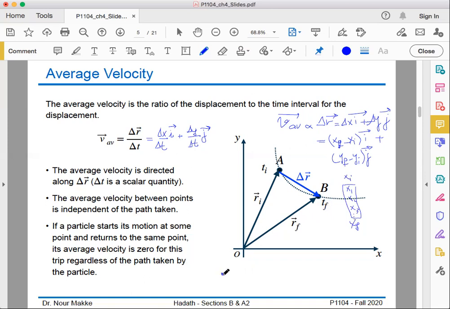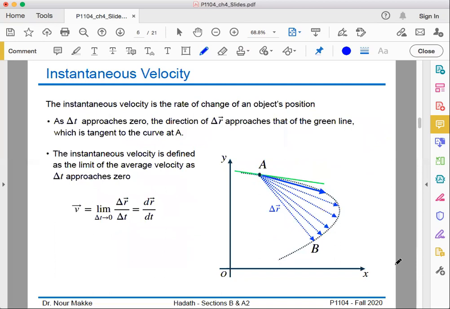So again, if a particle starts moving at point A, and then it just follows some arbitrary path going from A, and then it gets back to A, in this case, delta R is equal to 0 because it's equal to R final minus R initial, and R final is equal to R initial. So delta R is equal to 0. And if delta R is equal to 0, it means that the average velocity is equal to 0 as well. So that's concerning the average velocity.